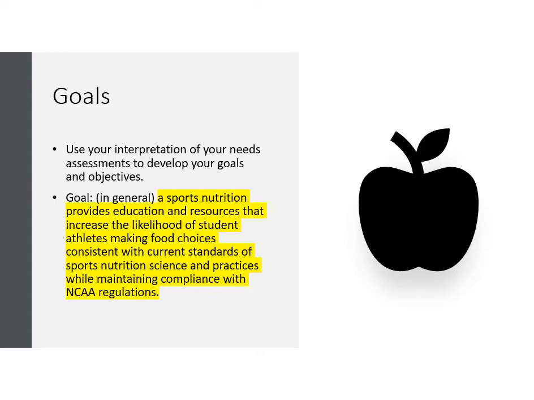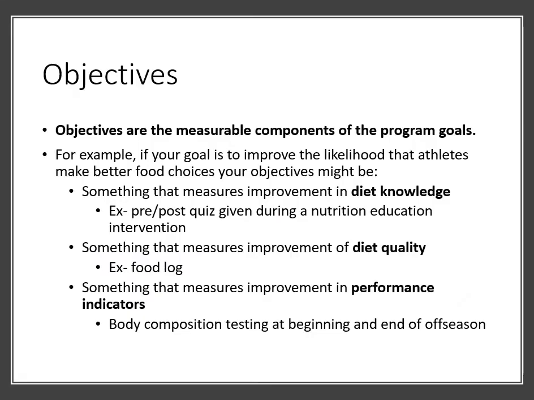Now, the way that we break that down into objectives is where we get to the measuring and evaluation part of our program. So let's go to the next step. Now we're getting to our objectives, and these are really the measurable components of our program goals, and really what we choose to measure. I've defined this in 3 different levels: a short-term, a mid-term, and a long-term outcome.